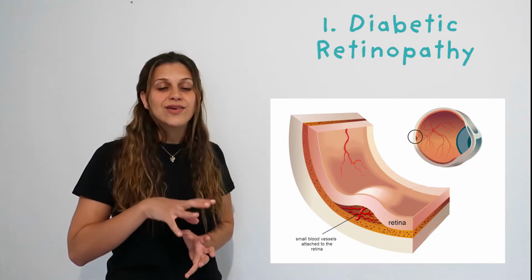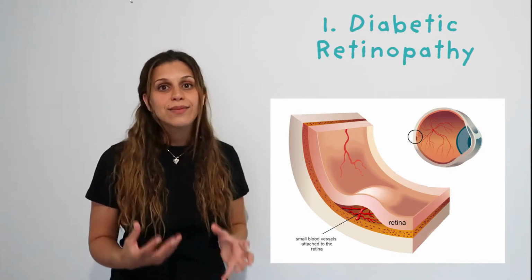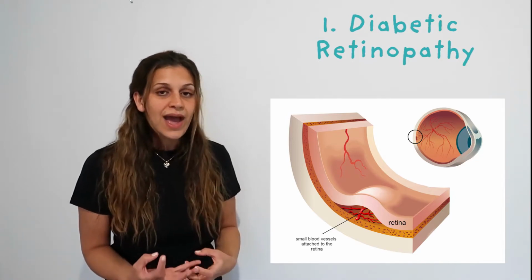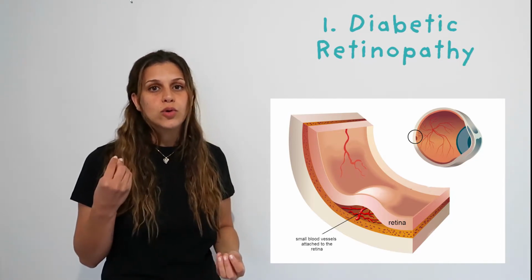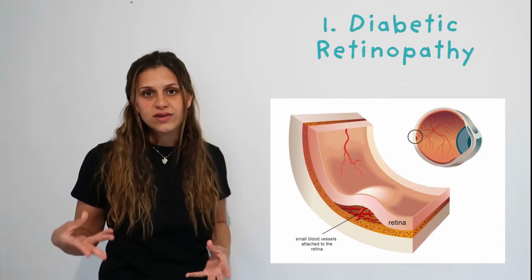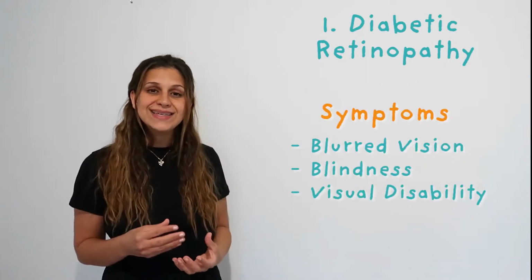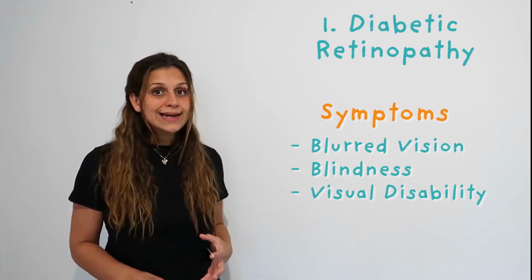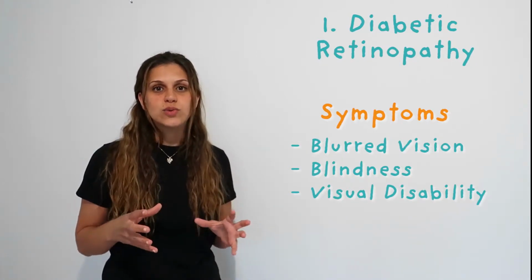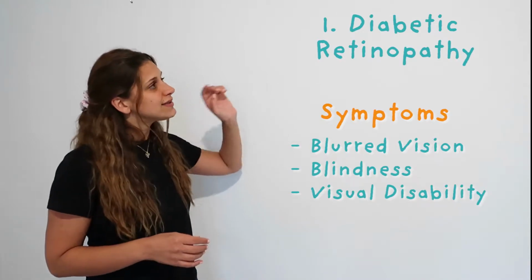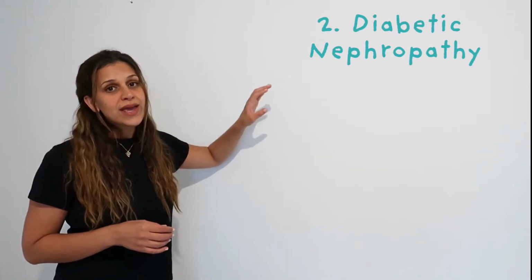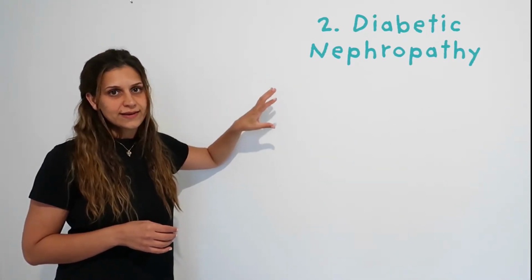So that means that the retina is not getting enough oxygen and blood flow that it needs, and so it will start to deteriorate over the years. The first symptom will be a blurred vision, but if this is left untreated, it can lead to blindness or visual disability, okay?